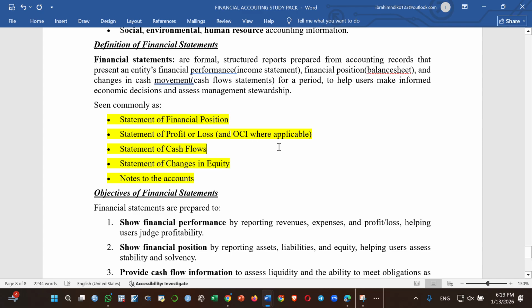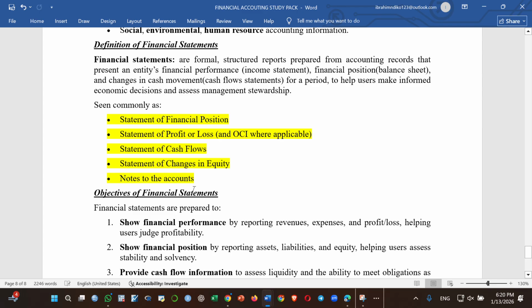So the first three, highlight them. The first three are the statement of financial position, the statement of profit and loss, that is the income statement, then the statement of cash flow, and then we have others.